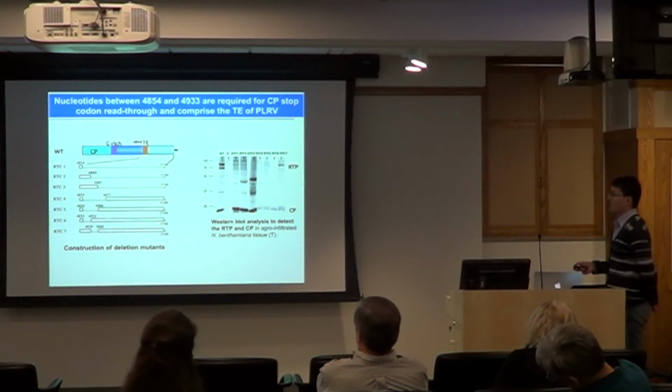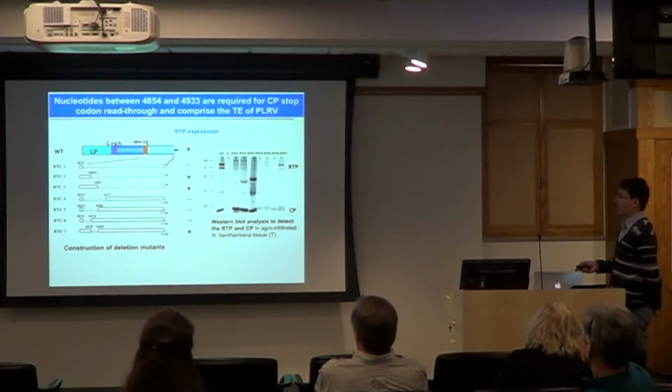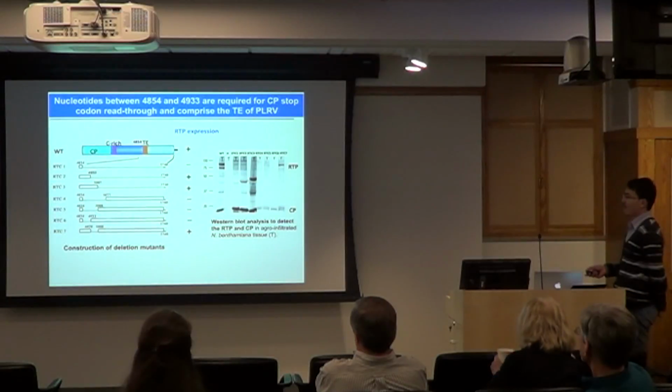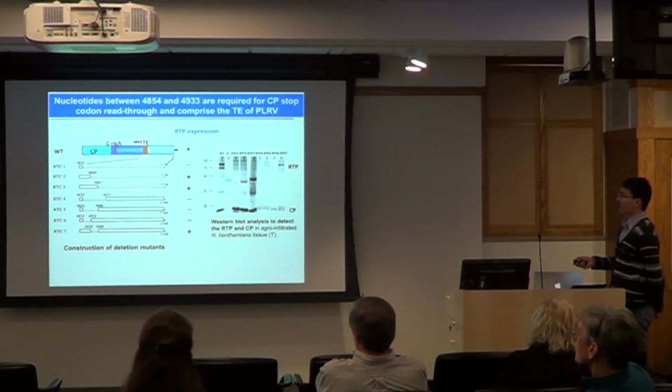Firstly, to discover whether there is a translational enhancer in our leafroll virus, a series of mutants was constructed. RTP expression was detected by Western blot using agro-infiltrated N. benthamiana leaves. When we deleted the nucleotides from 4854, the RTP translation was severely impaired.